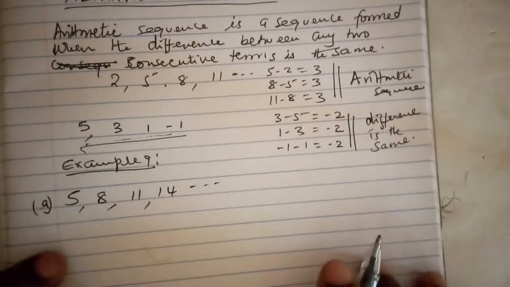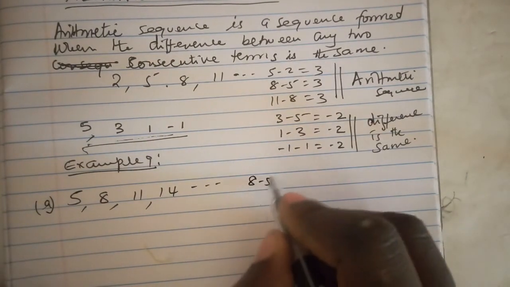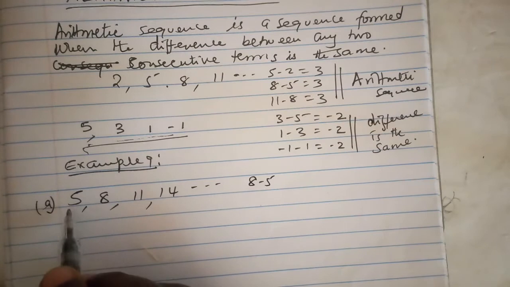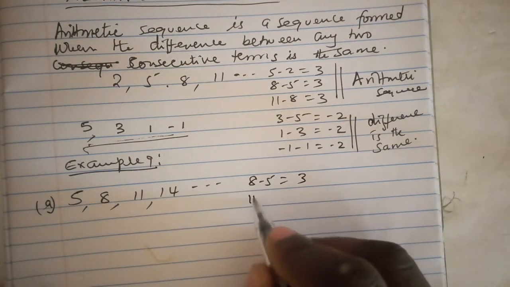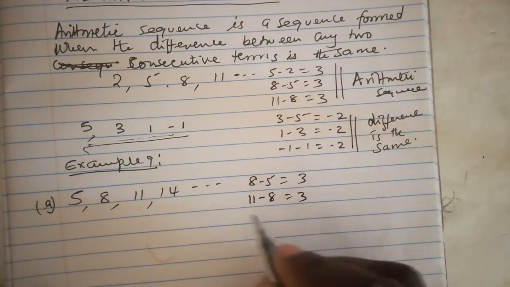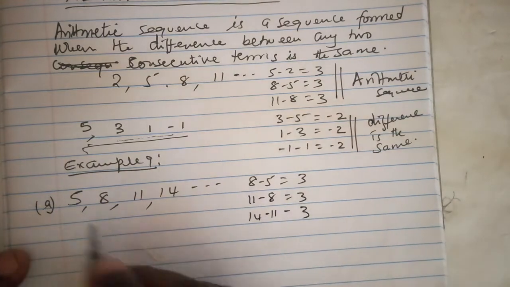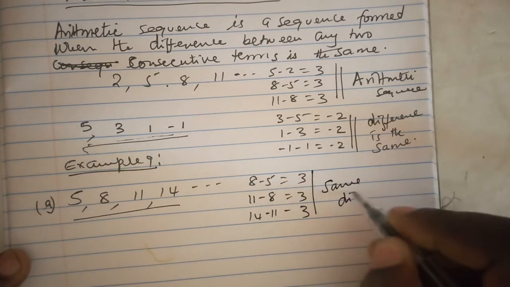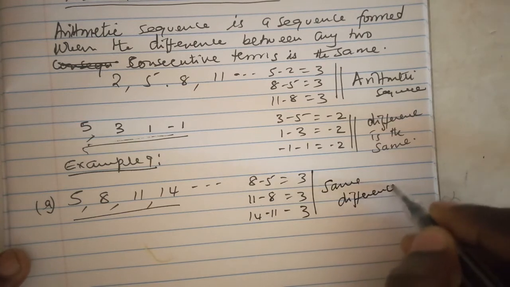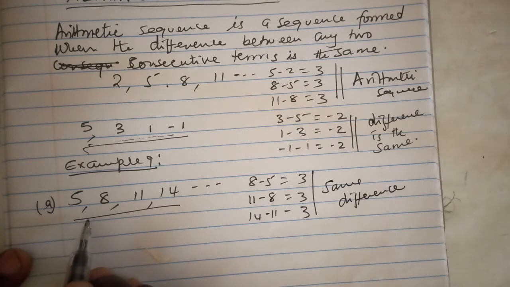All we need to show is that the difference is constant. 8 minus 5, second term minus the first term, is 3, third term minus the second is 3, fourth term minus third is 3. So this is the same difference, and if the difference is the same, then this one is an arithmetic sequence.